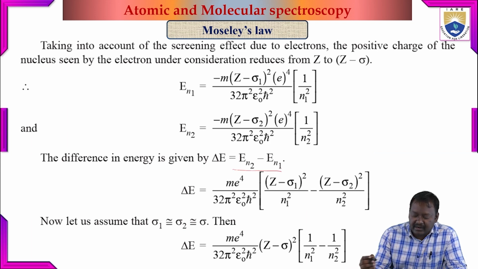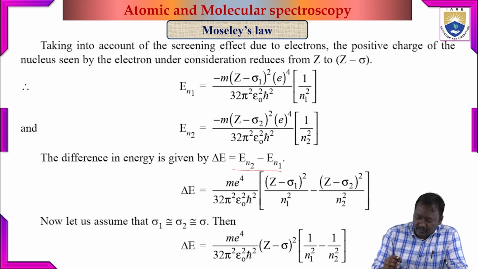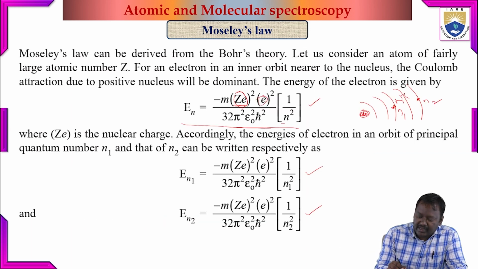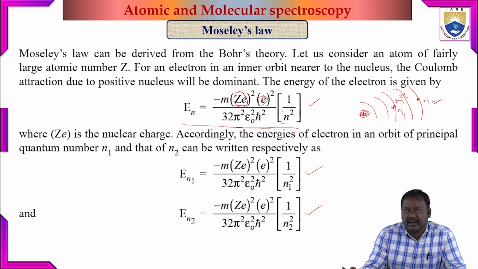And here we are changing one more thing: these are the energy values of the electron in that particular orbit, but there can be an inclusion due to the screening effect.